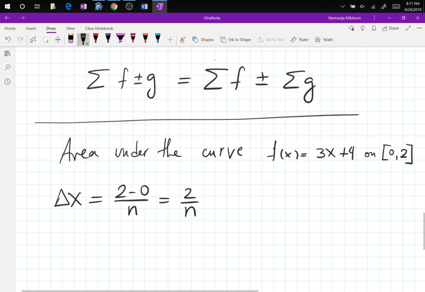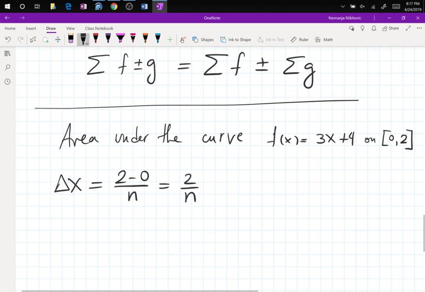I'm not going to do 4 rectangles or 6 rectangles. Remember that I'm going to send n to infinity. So I keep it as n because I'm going to send it to infinity. So my delta x now is in terms of n. What else do I have? Well, I have to figure out that xi.